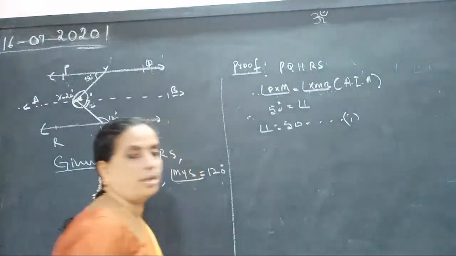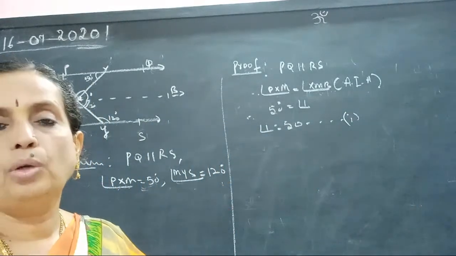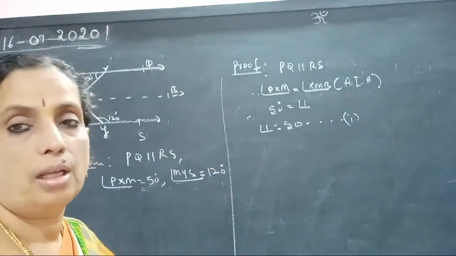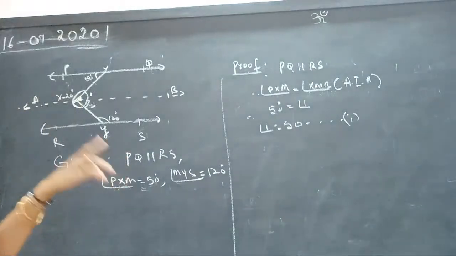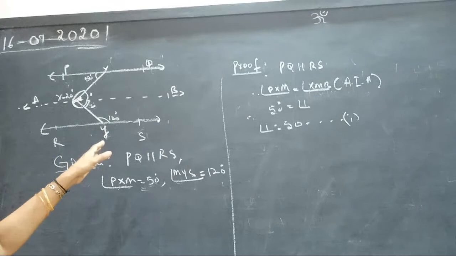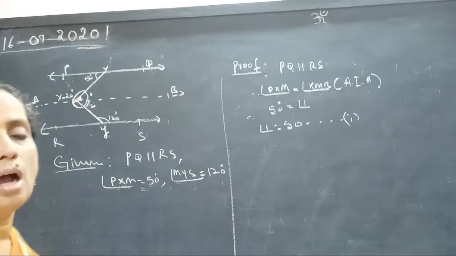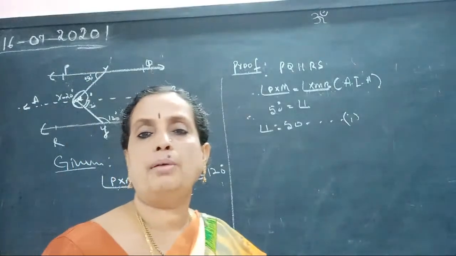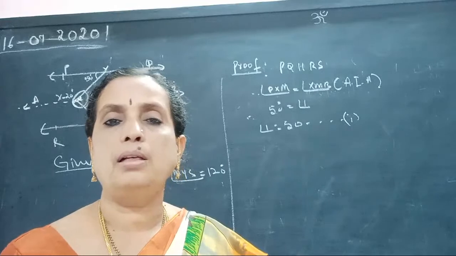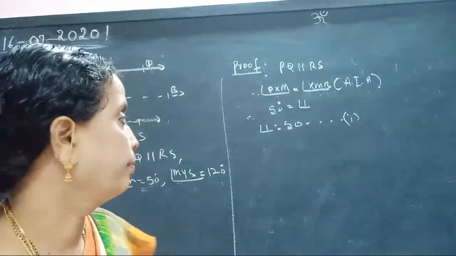This is the first result we got from the property when two lines are parallel. Actually, construction also I should mention. Draw AB parallel to PQ. PQ parallel to RS. Therefore, PQ is parallel to AB is parallel to RS according to theorem 6.6. Lines which are parallel to the same line are parallel to each other.